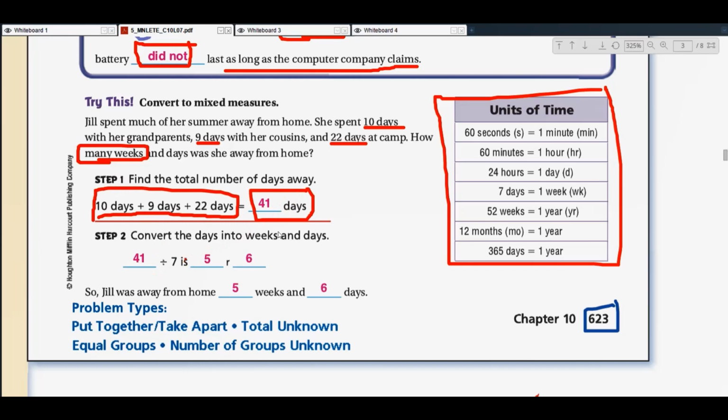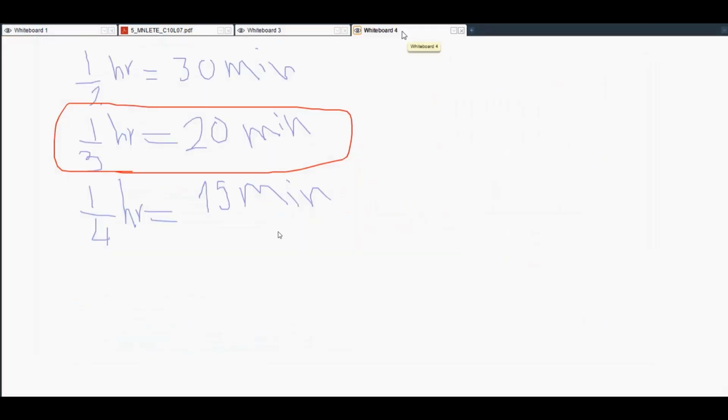So you have to add them up to get the total number of days, and then convert this total number of days into weeks. So are we converting from small to big or big to small? We are converting from small to big because 1 week equals 7 days. Days are smaller than a week. So you have to divide here by what? By 7, because 1 week equals 7 days.